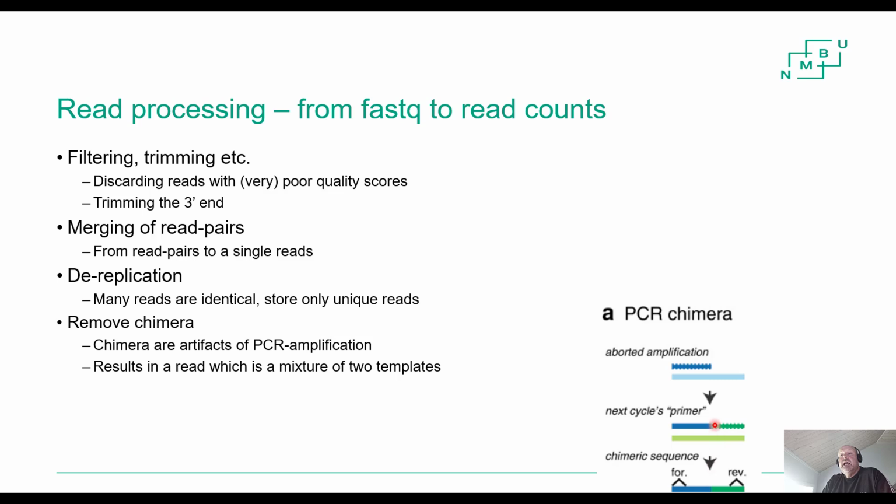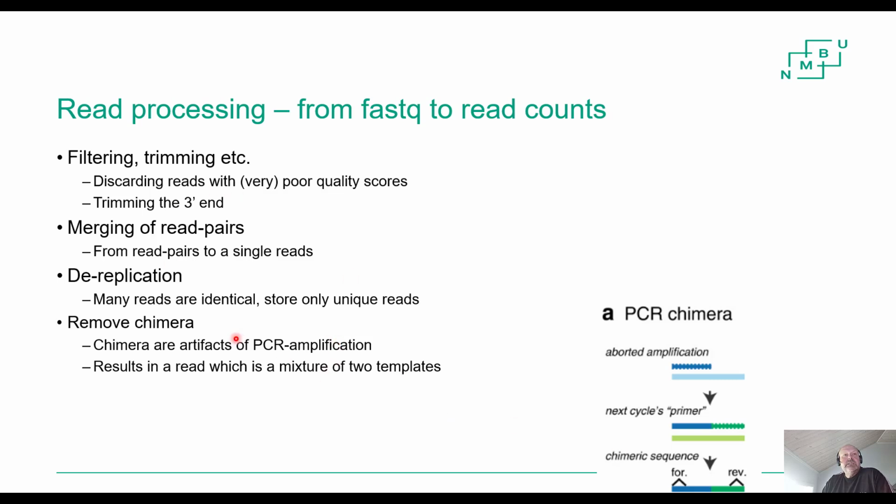So this means you can end up with reads which at one end are copies of one organism, and at the other end a copy of another organism. A mixture. And that's what we call chimeric sequences, or chimeras. And of course these ones we don't want. They are artifacts, right? Throw them out.